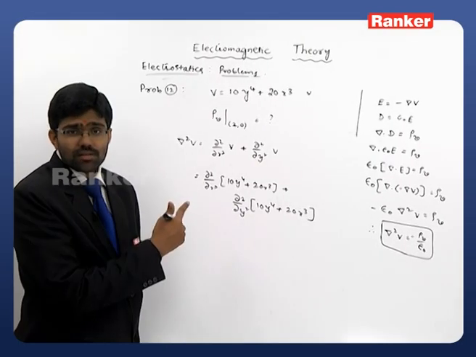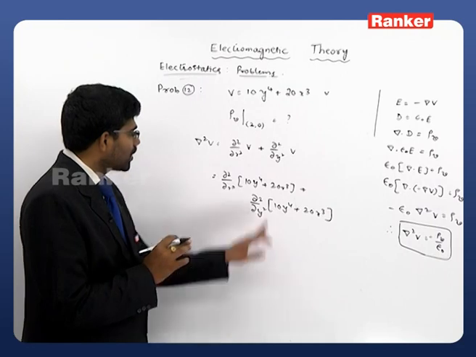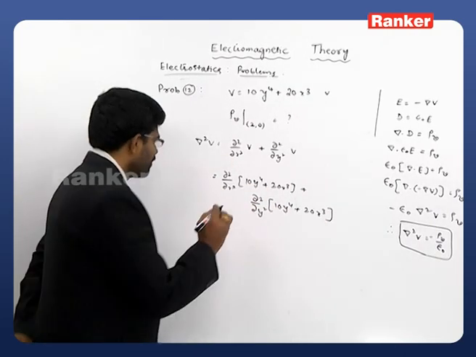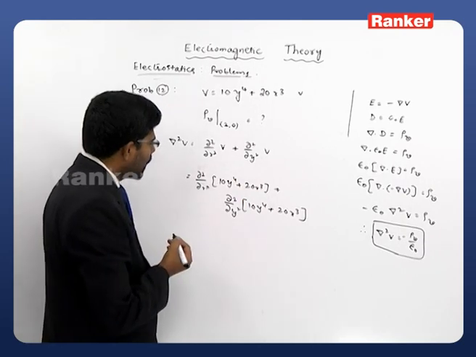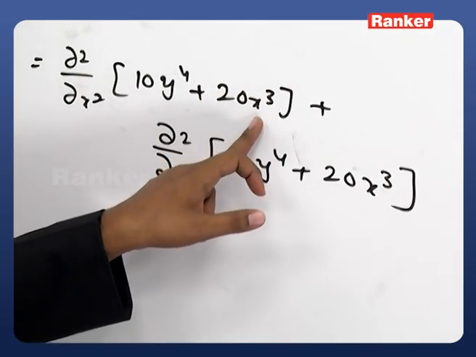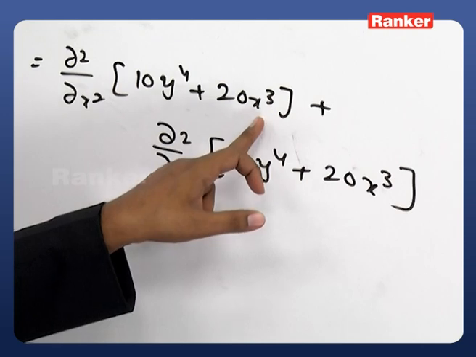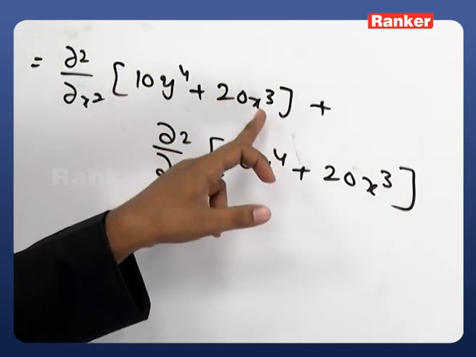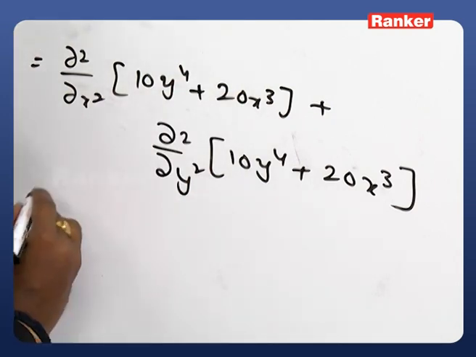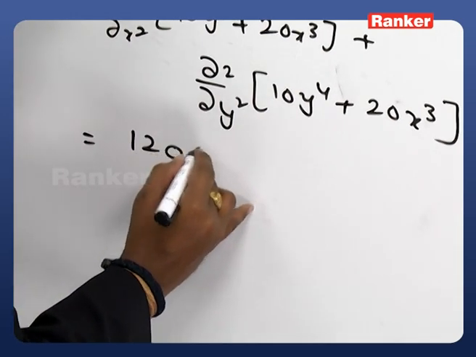Clearly remember, this is a scalar quantity, not a vector quantity. There will be no unit vectors here. So this term becomes 0, and differentiating twice, 20 into 3 is 60x square, that is the first time. Once again if you differentiate, 60 into 2 is 120x.